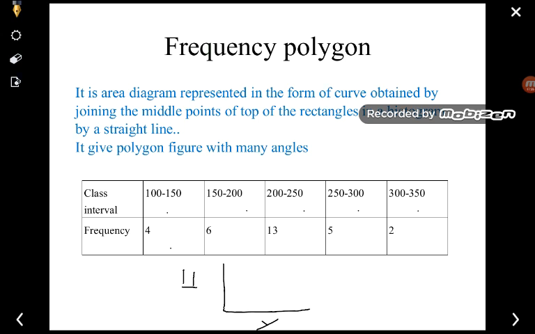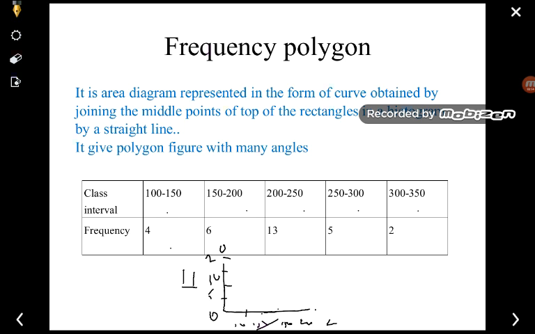The frequency ranges from 2 to 13, so from 0 to 20 you plot the frequency, that is 5, 10, 15, 20, etc. The class interval ranges from 100 to 150, then again a 1 centimeter gap, then 150 to 200, then 200 to 250.